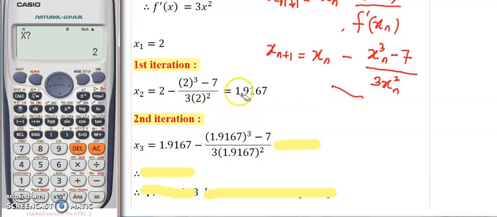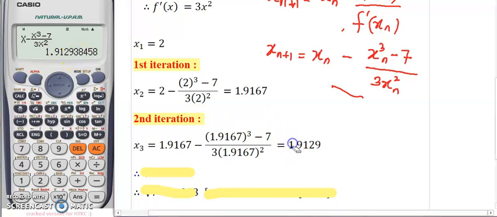Once again, we are not going to insert 1.9167 into the calculator manually, but instead we just enter the answer button and press equal. This is the corresponding result that we have for x3. We just want 4 decimal places for writing, so it will be 1.9129, as shown here.